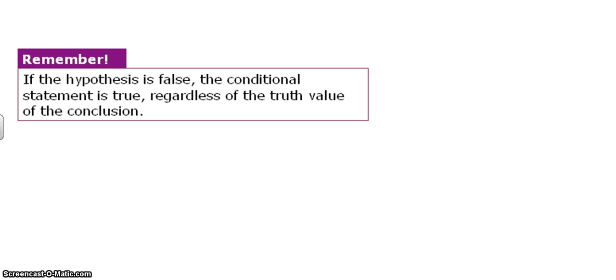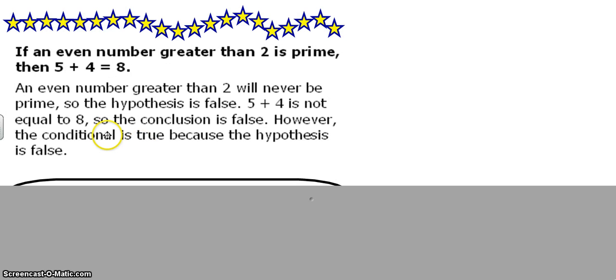So I'm skipping one slide and going to the statement made on the next. It says that if the hypothesis is false, the conditional statement is true, regardless of the truth value of the conclusion. So when you have a false hypothesis, then anything can happen, and we could say that the truth value of that statement is true. Isn't that interesting? It's really an interesting fact. So it goes back to this one.